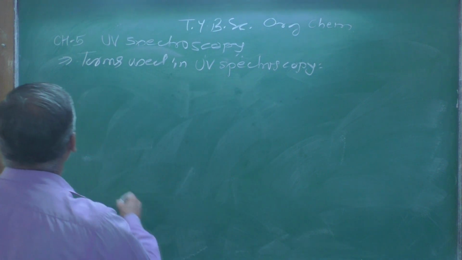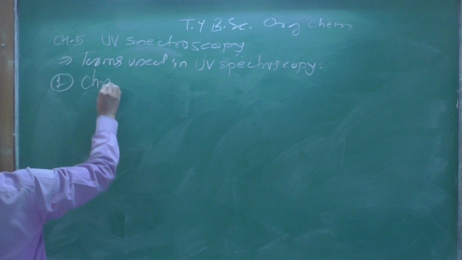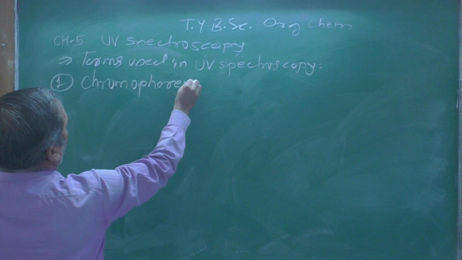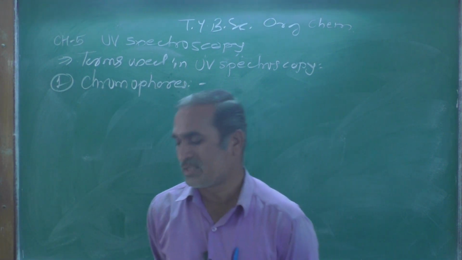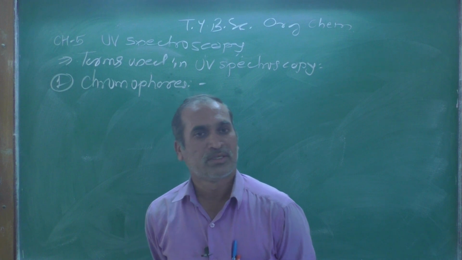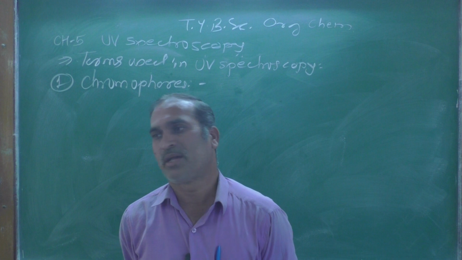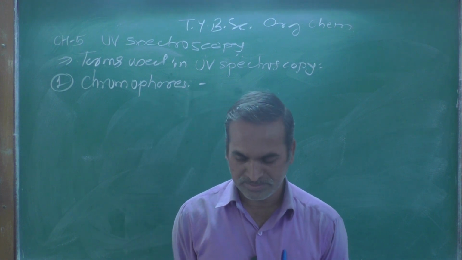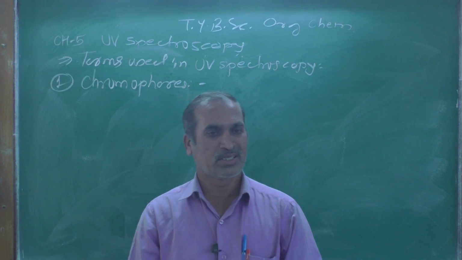Number one is a chromophore. How do we define a chromophore? This is one more question that always appears in the exam. So remember, how do we define chromophore and what are the examples of chromophores? Listen carefully. Chromophore means what?